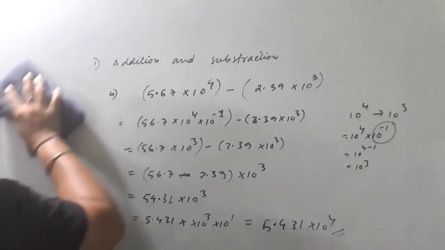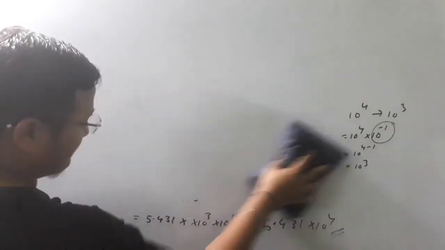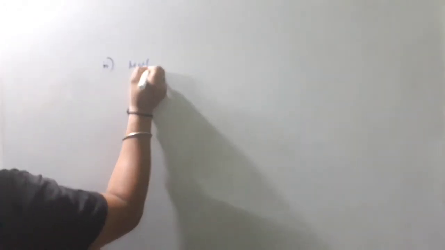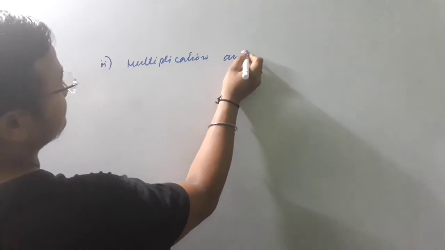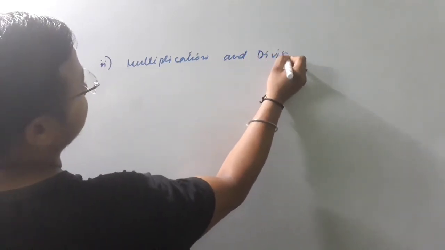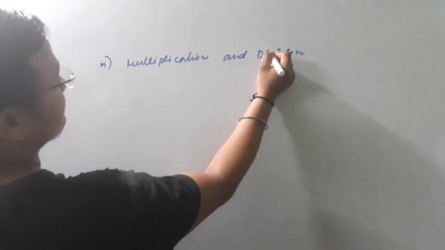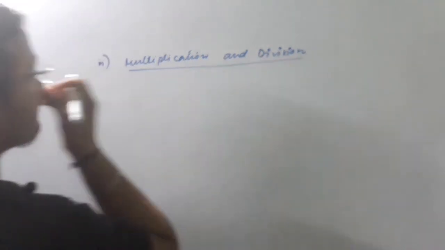Now let's go through another example, of multiplication and division, okay? Let's go through that particular example. So number 2: multiplication and division.